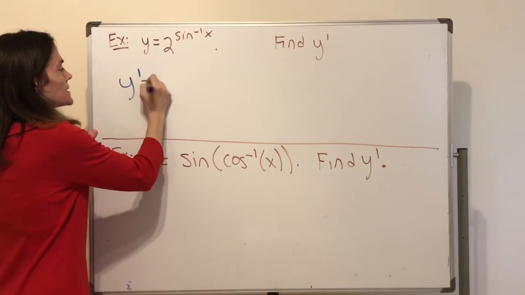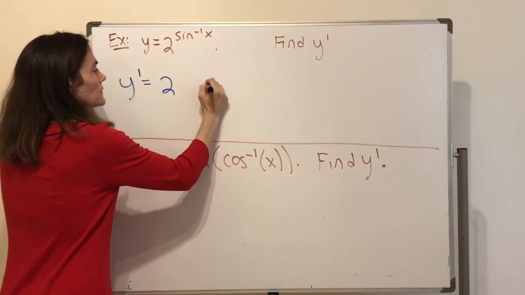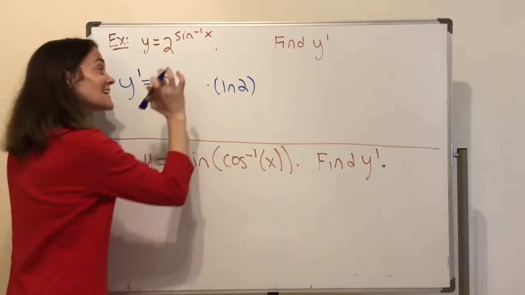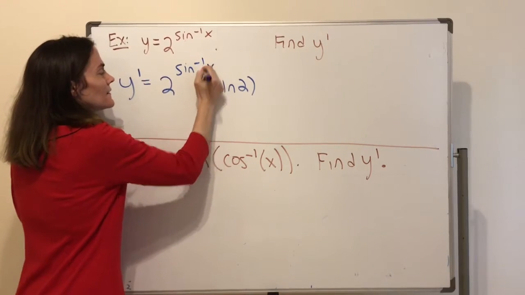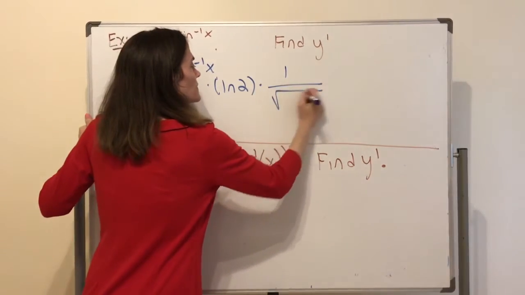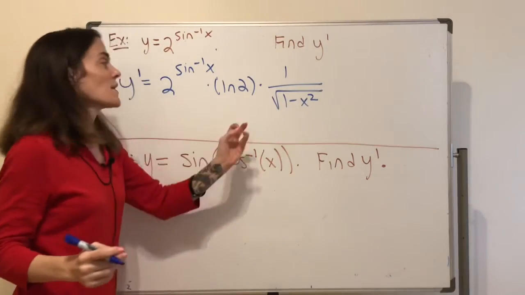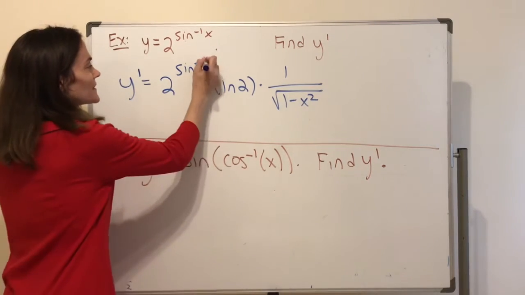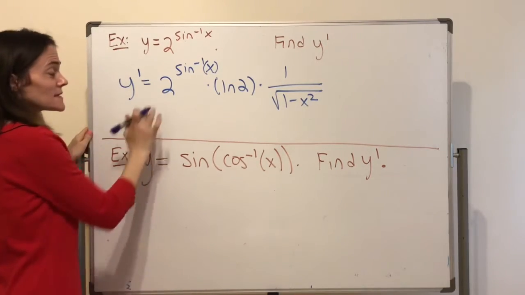Y prime is the derivative of the outside, which is here, and then evaluate it at the inside, and then times the derivative of the inside function. Derivative of the inverse sine is 1 over square root 1 minus x squared. We could put parentheses here if we wanted to. So this is y prime.